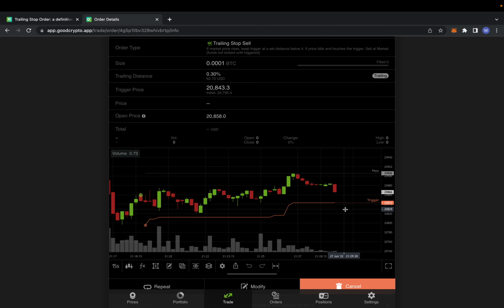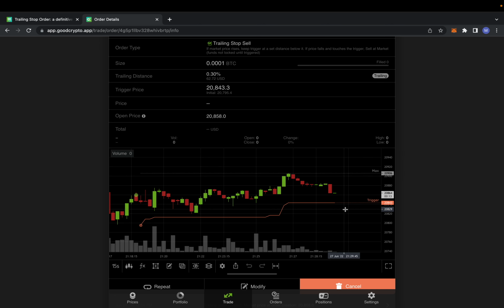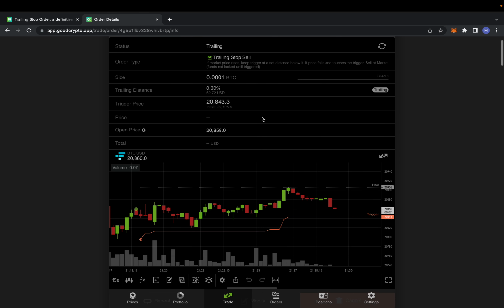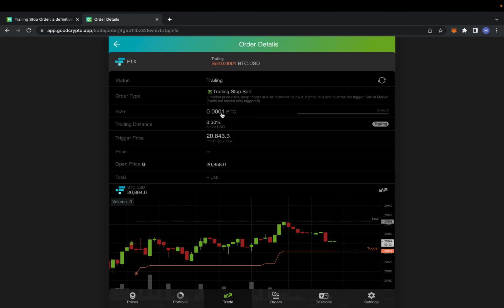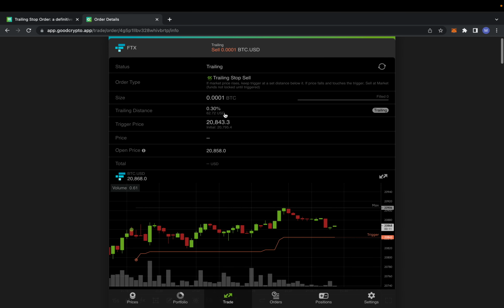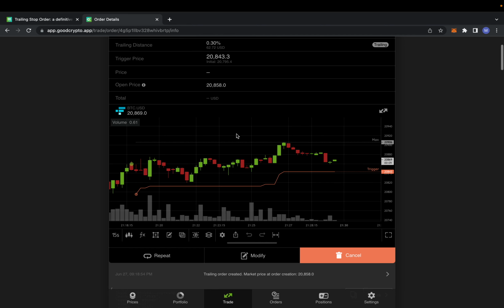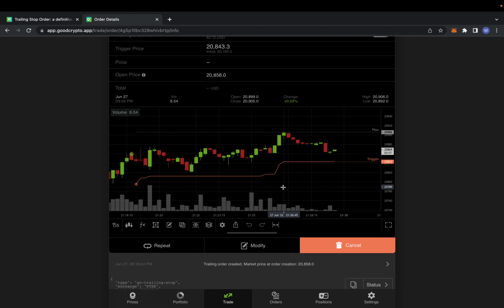But by the same token, you can use them to exit positions as well. Once you've bought something, imagine I'm not trying to short this Bitcoin, but I've bought it and I have Bitcoin on my balance. That's the other way to look at it. So I have this 0.0001 Bitcoin, and I want to sell it at the highest price possible.